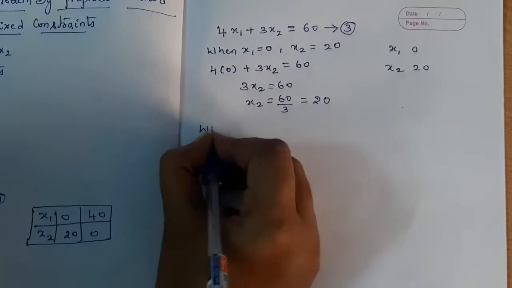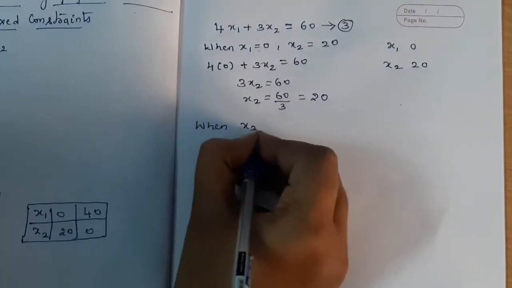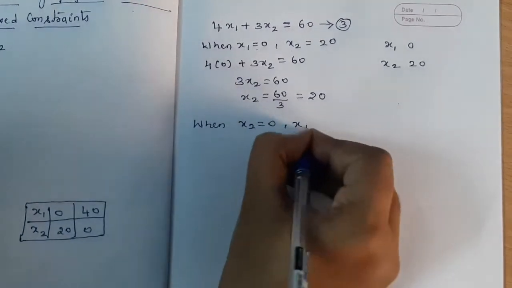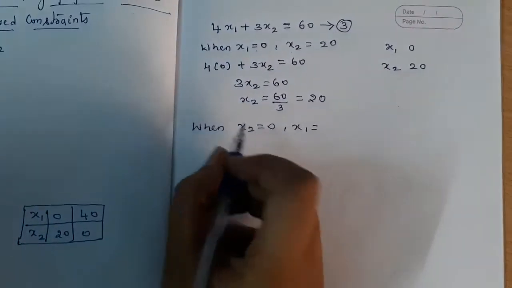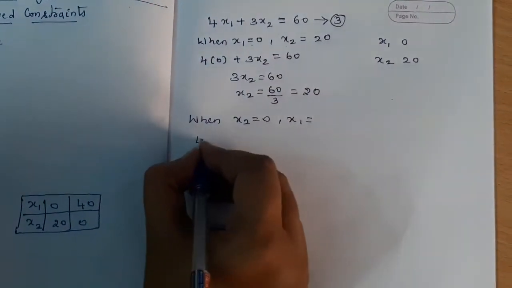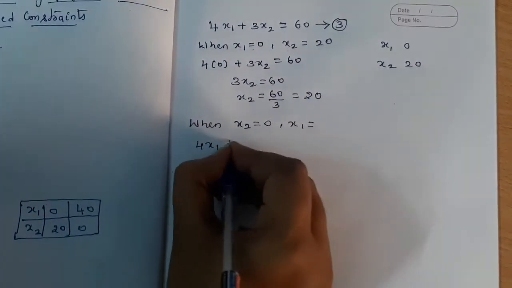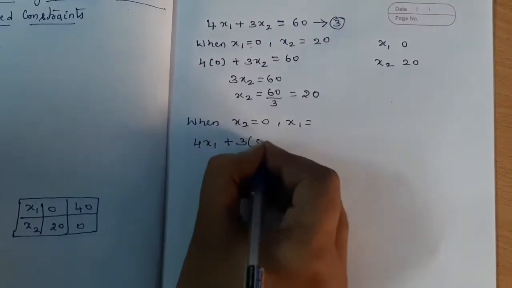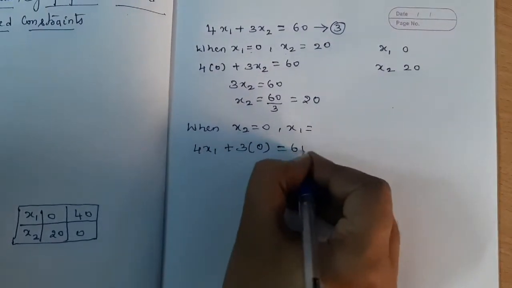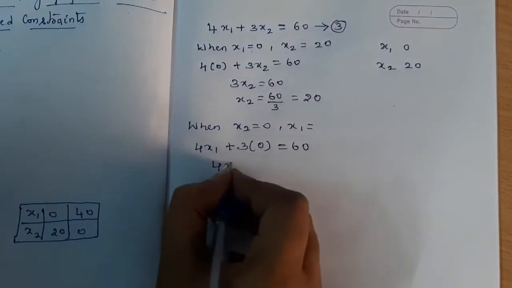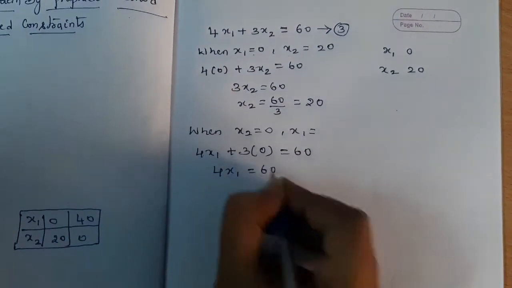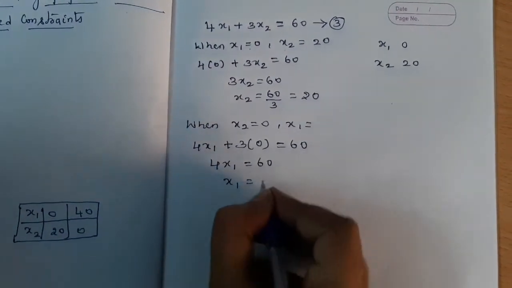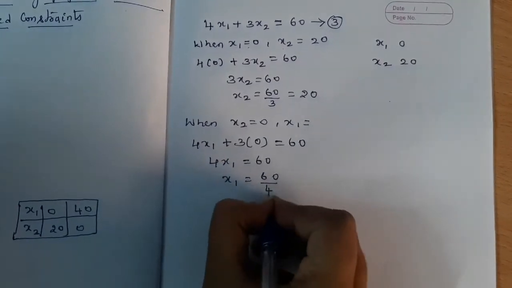Next, consider x2 as 0 and find x1 value. So substitute in the equation 3. So 4x1 remains same, 3 into x2 is 0, so 0, that is equal to 60. So 4x1 is equal to 60. So x1 is equal to 60 by 4.